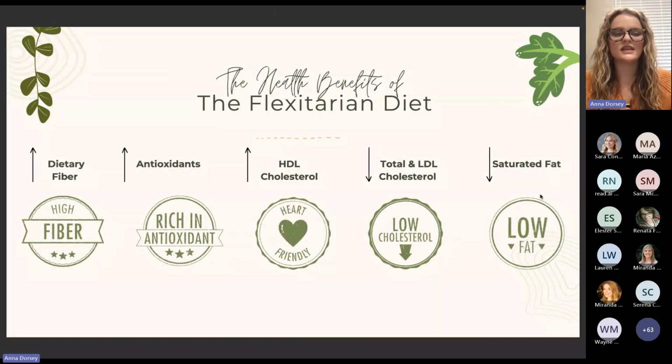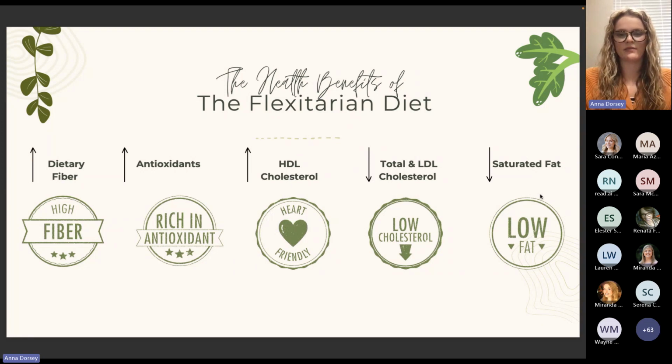So we talked about how the Flexitarian diet really supports an increase in dietary fiber and the benefits to that in our health. And we talked about how it increases our antioxidants and how that's beneficial in preventing chronic disease and specifically cancer. We also want to talk about how it increases our HDL cholesterol and decreases total and LDL cholesterol and our saturated fat.